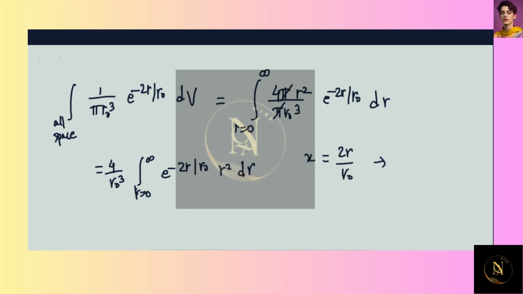This gives r as 1/2 x times r naught, which means dr is 1/2 r naught times dx.